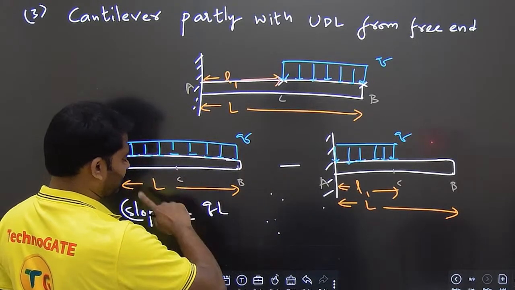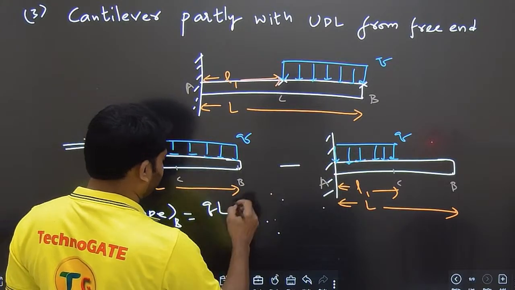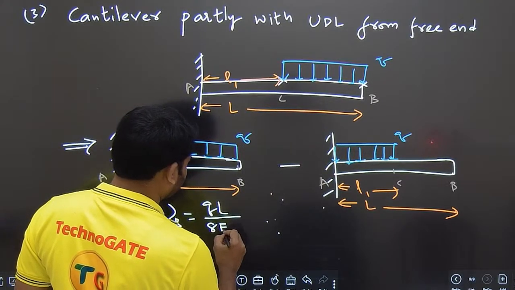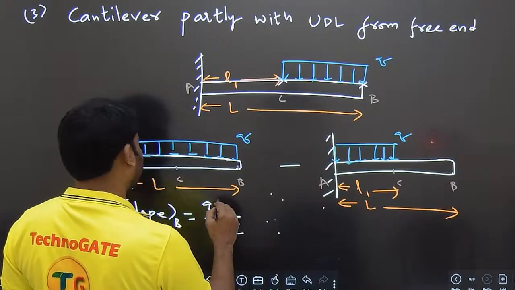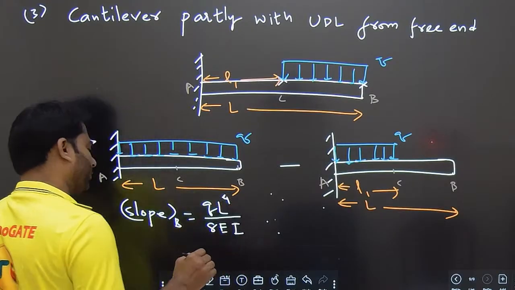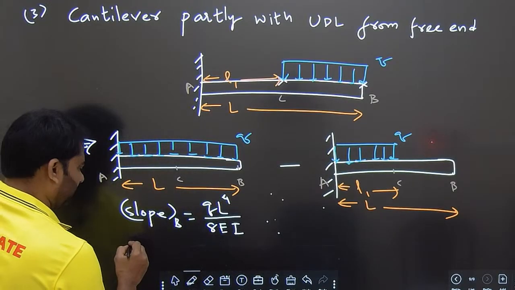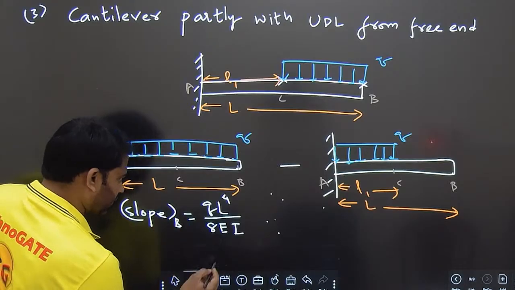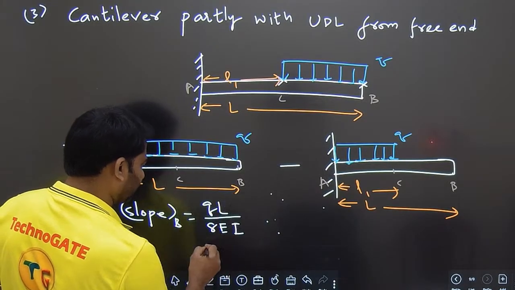Here we are talking regarding deflection, and I know a method which can help you to get the answer easily. So slope is Q L1 power of 3 by 6 EI, because we are talking regarding slope.